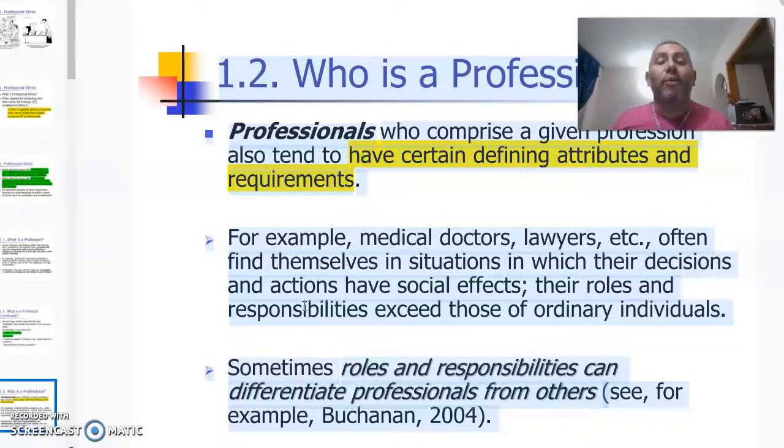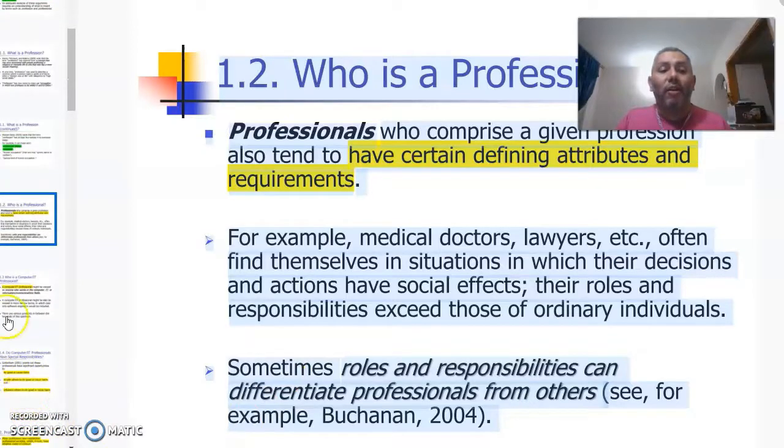Now, those standards and characteristics are not the same for ordinary individuals in everyday life. They are different. A professional has particular roles and responsibilities based on the occupation that he or she has decided to adopt in his or her professional life.